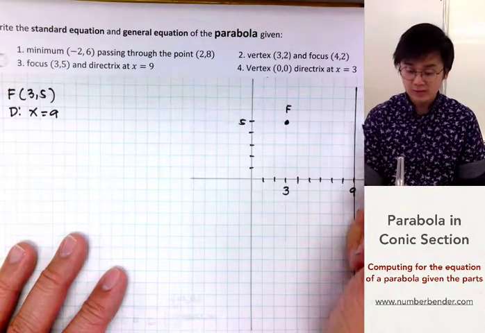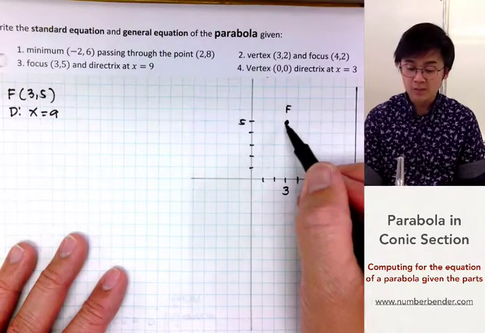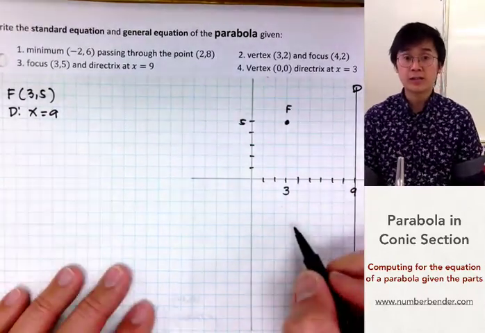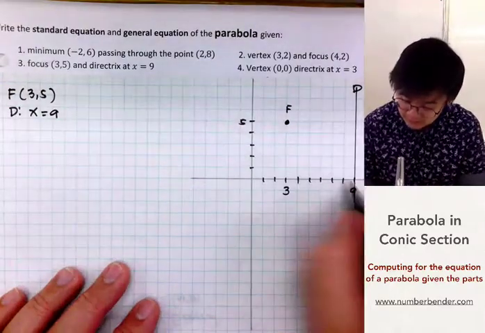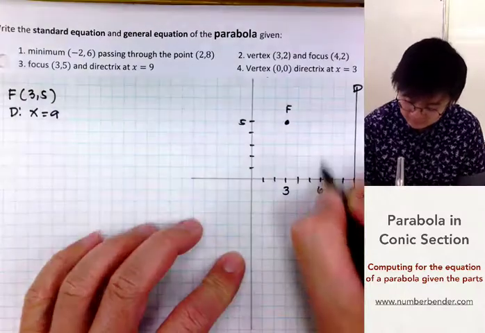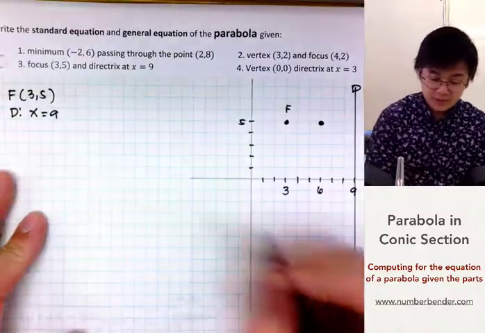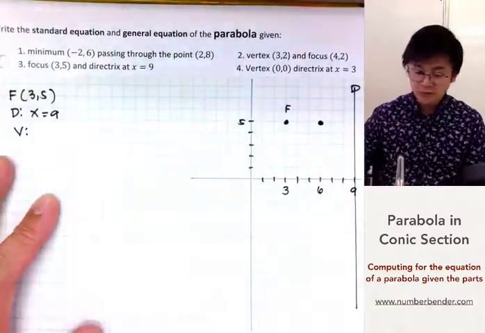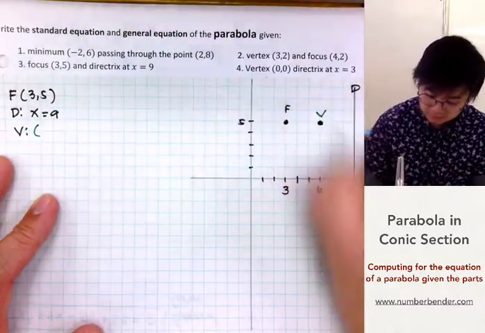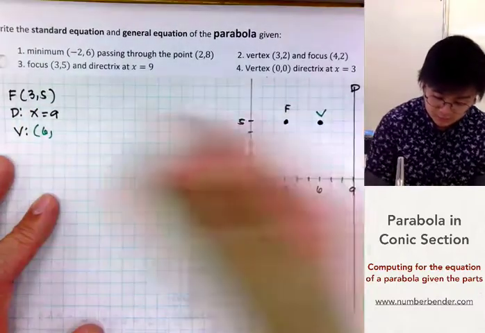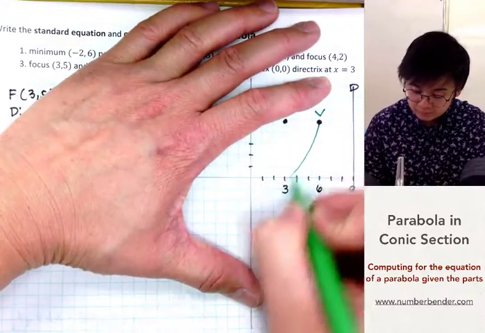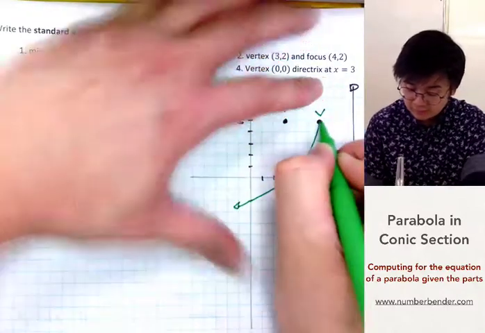So by just counting the number of units from the focus to the directrix, we'll be able to locate our vertex, which is at 6, positive 5. And we know that the parabola is opening to the left.